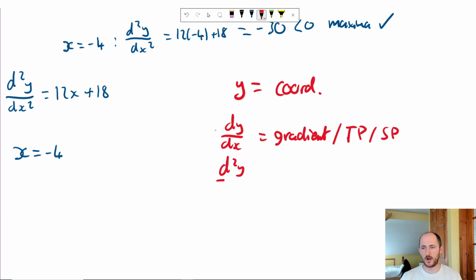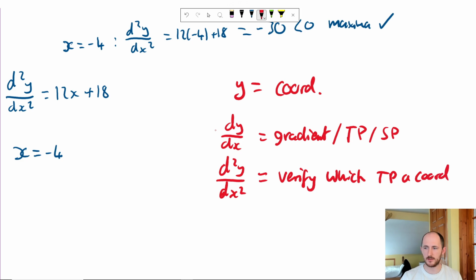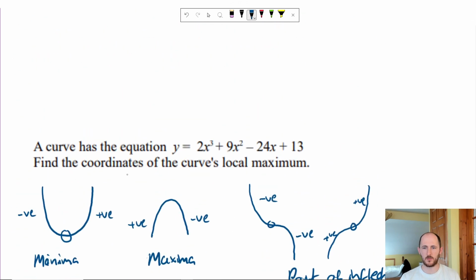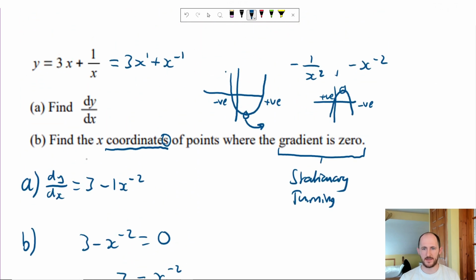For d squared y by dx squared, you only need it if you want to verify which turning point a coordinate is. Okay? So, one more time. If you ever want a coordinate, now you might be thinking, well, hang on a minute, it says find the coordinates, or back here it said find the x coordinates.